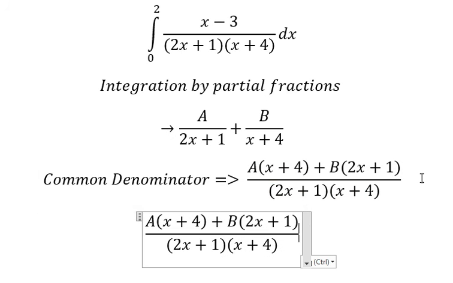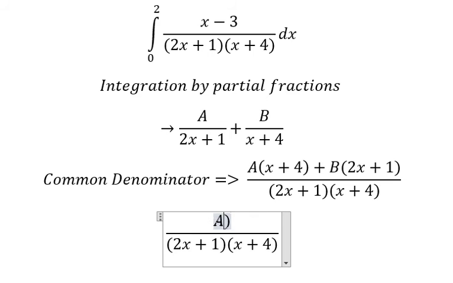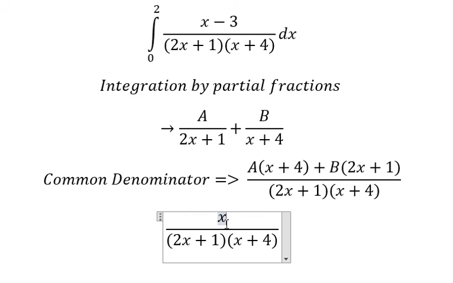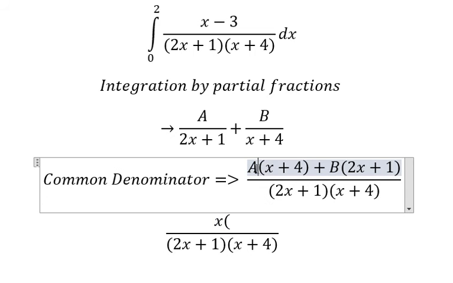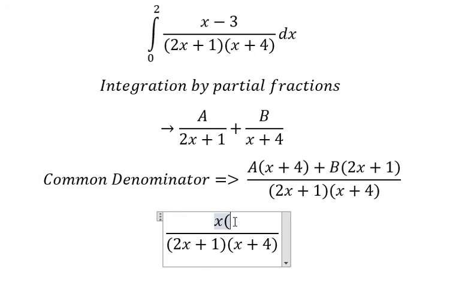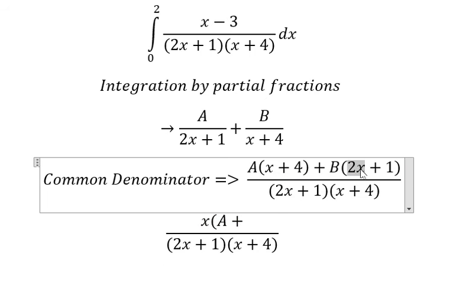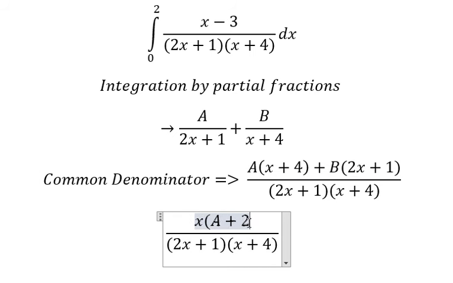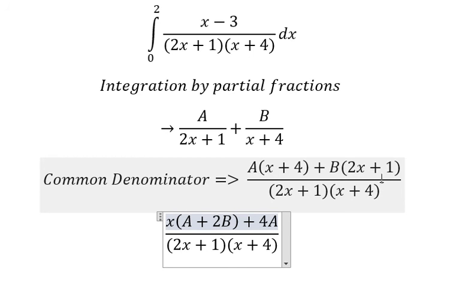Next, we need to arrange based on the terms of x. About x, we have A and x, so we have capital A in here. B with 2x, so we have 2B. About the numbers, we have A with number 4, B with number 1.